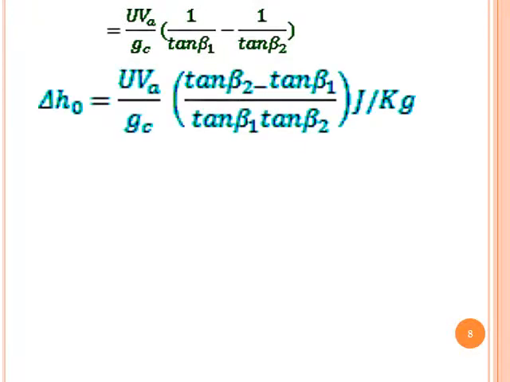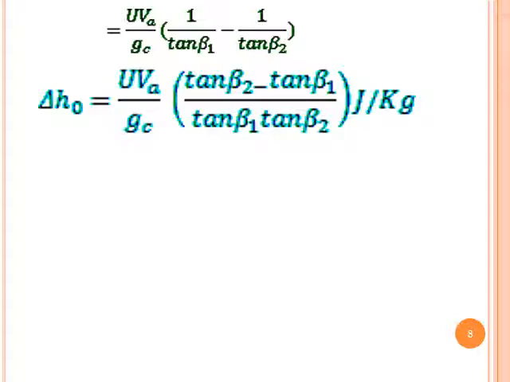So now take the LCM of tan beta 1 and tan beta 2. After taking the LCM, the LCM is tan beta 1 into tan beta 2. So here the 1 is multiplied with tan beta 2, and the other 1 is multiplied with tan beta 1.